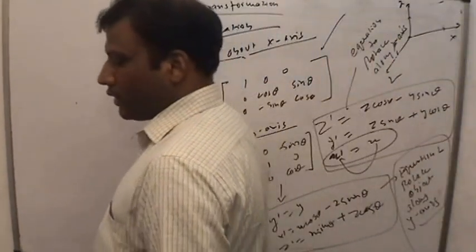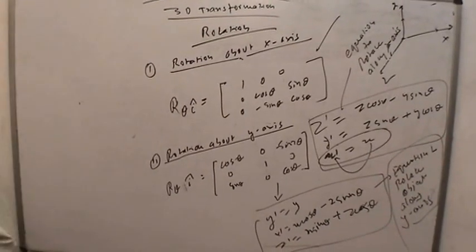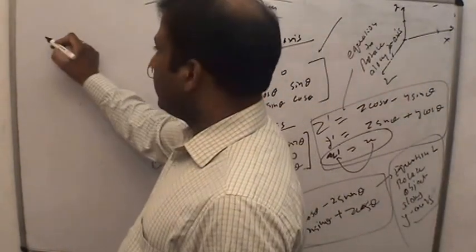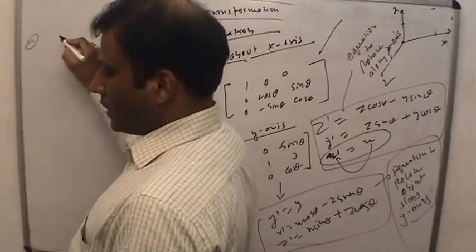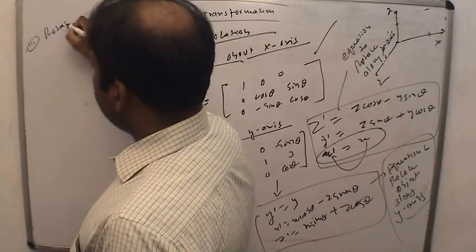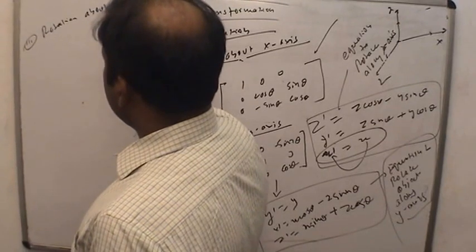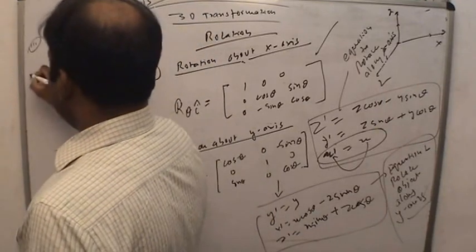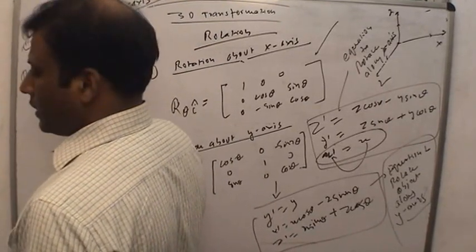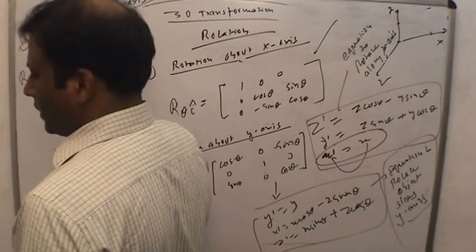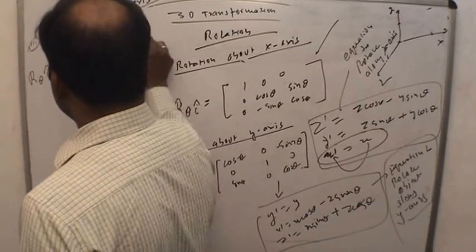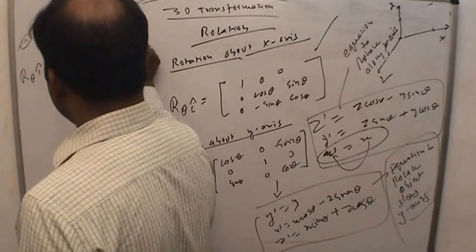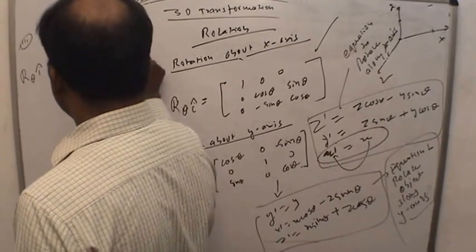Now we are going to move to rotations of the object along the z-axis. Rotation about the z-axis: R theta unit vector is equal to cos theta minus sin theta 0, and sin theta cos theta 0, and 0 0 1.